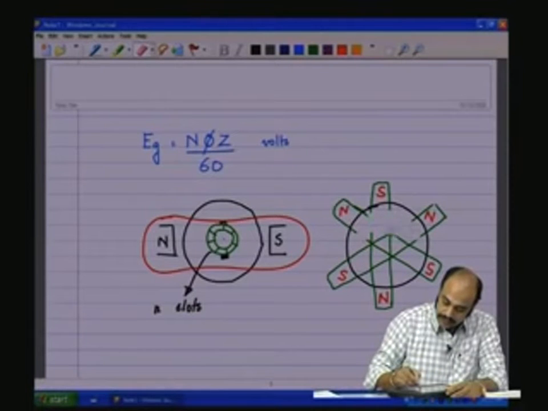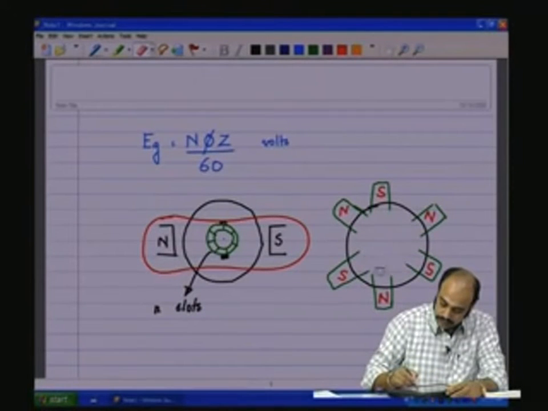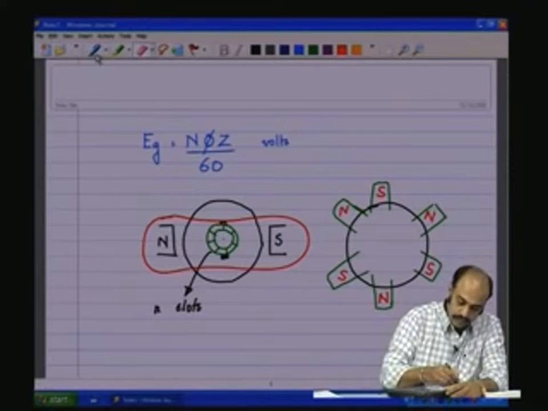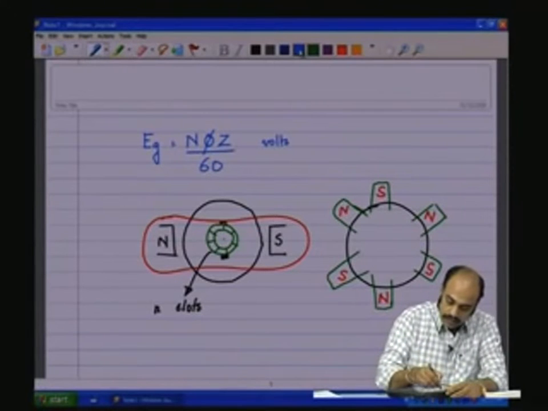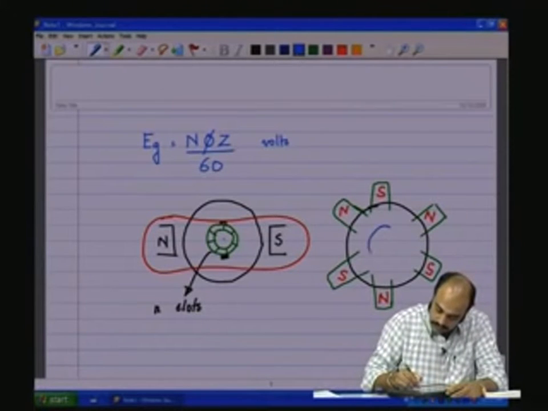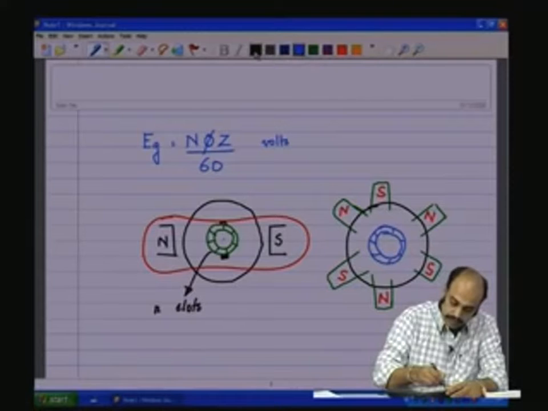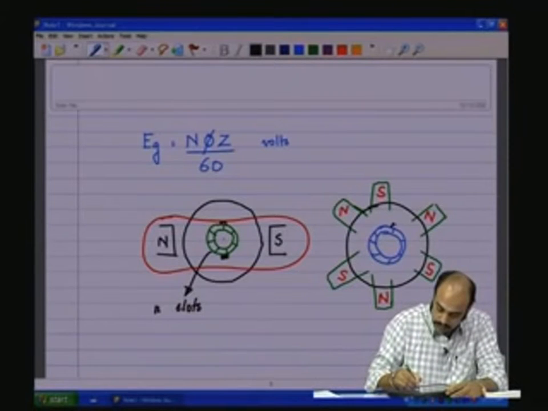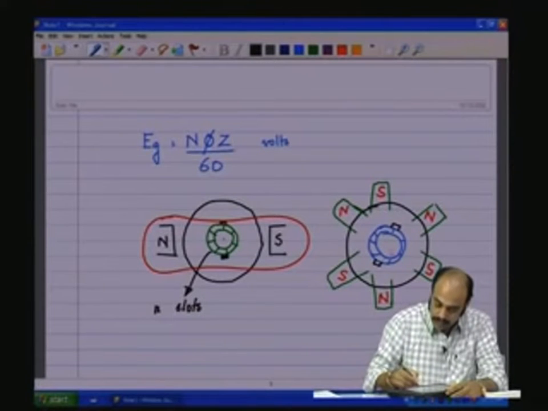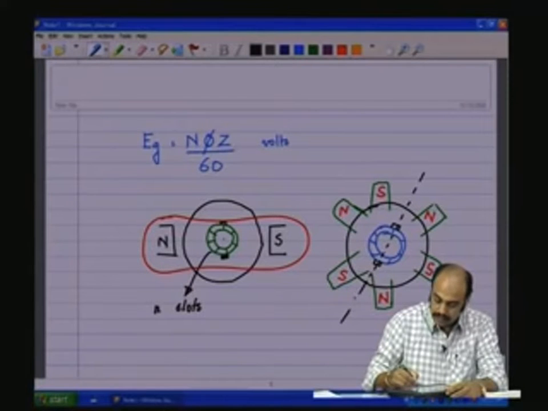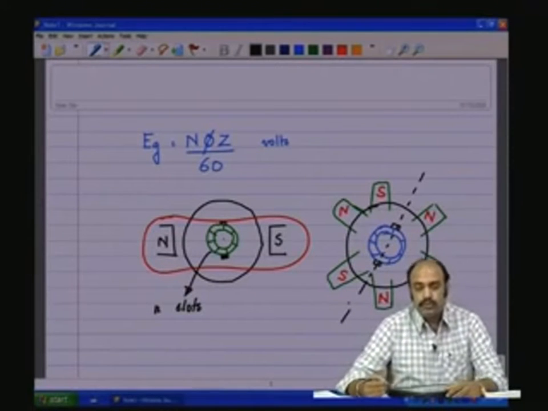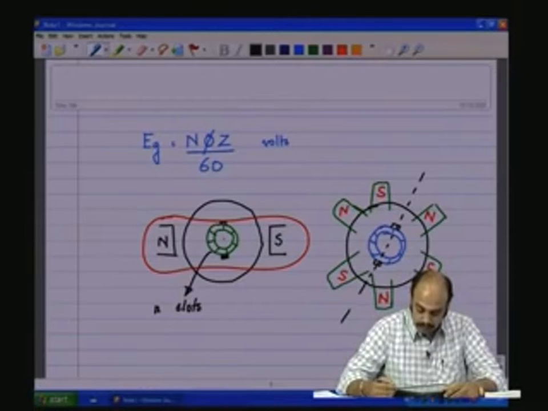So these pole pairs, and of course here you are going to have the commutator with the segments and the brushes placed appropriately in the neutral zone. You see the neutral zones will be always in between, at the midpoint between two poles of opposite polarity.